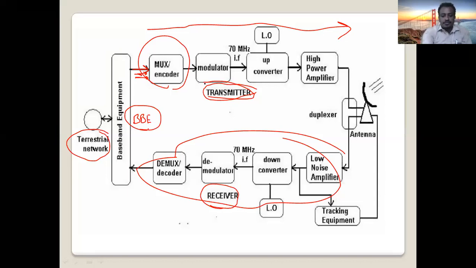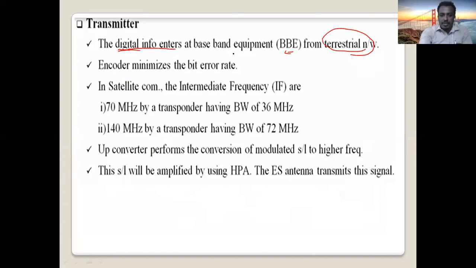After that, we have a modulator. As you know, this digital data is modulated on a carrier frequency. In this case, it is an intermediate frequency of 70 megahertz. It depends on the satellite transponder bandwidths.